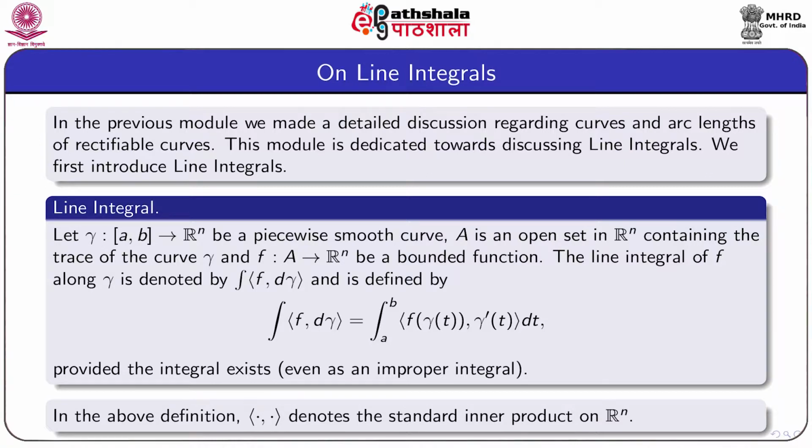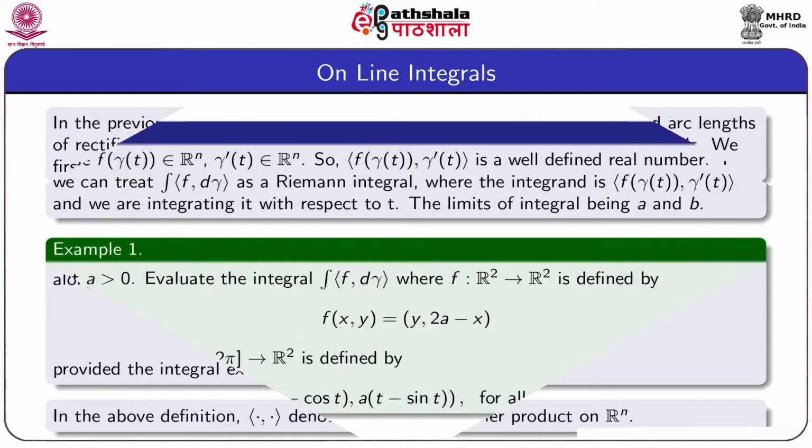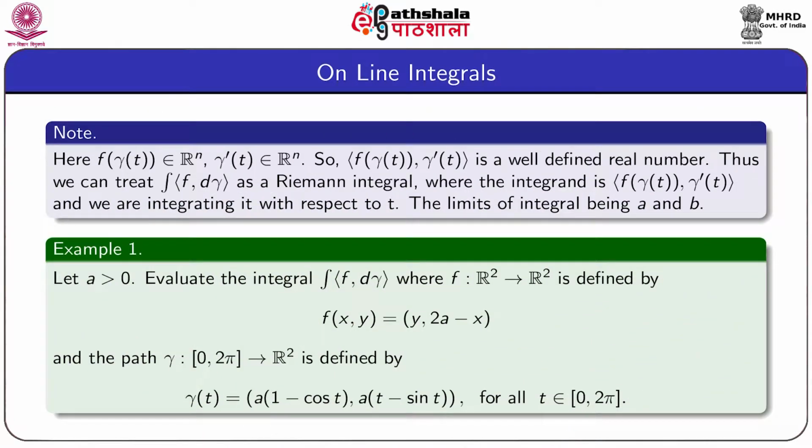We even don't bother if it exists as an improper integral. In the above definition, by inner product we mean the standard inner product on Rn. Now, here f(gamma(t)) is a point in Rn and gamma dash(t) is also a point in Rn.